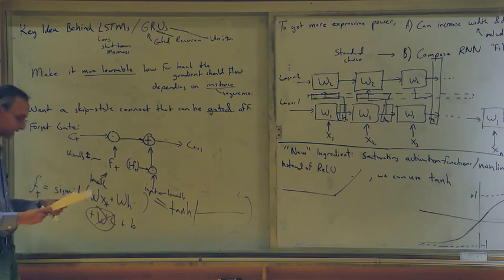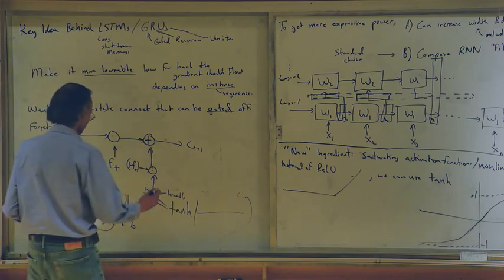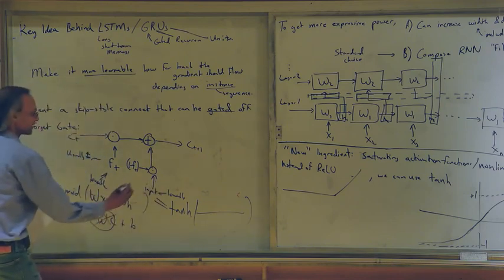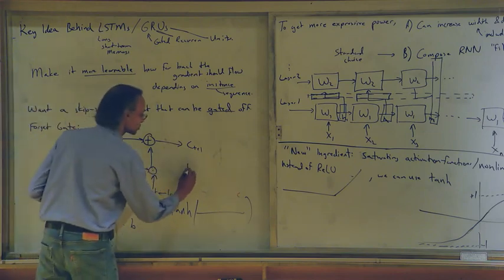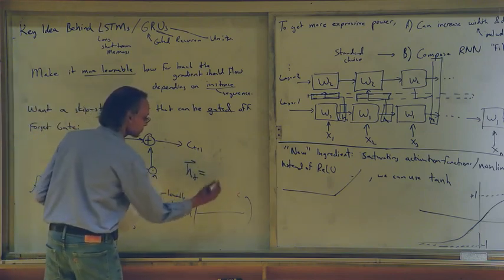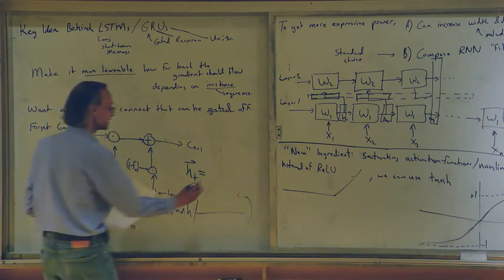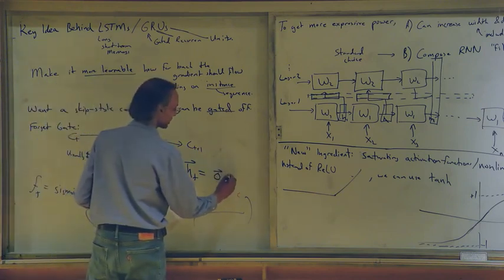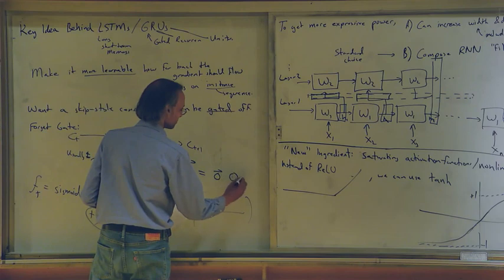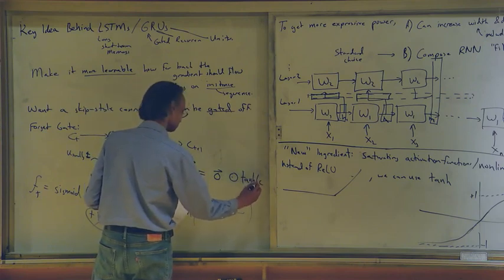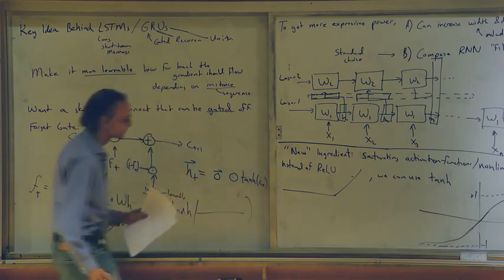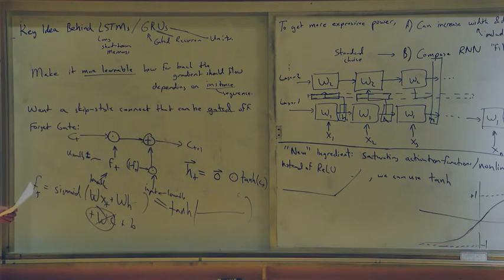And so what people do is they add an interesting dependence. They say the final H that you emit is going to be some O, whatever you have before, component-wise multiplied by the tanh of C. So that there's some dependence on C, but not too much.